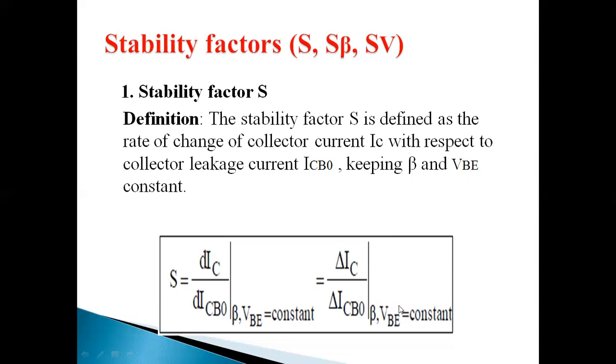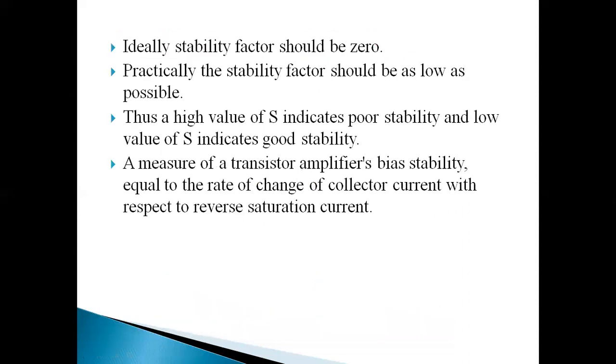Next, the ideal value of S is 1, but it is never possible to achieve in practice. In practice, the tolerable value of S is less than or equal to 25. So ideally, the stability factor should be 0. Practically, the stability factor should be as low as possible.